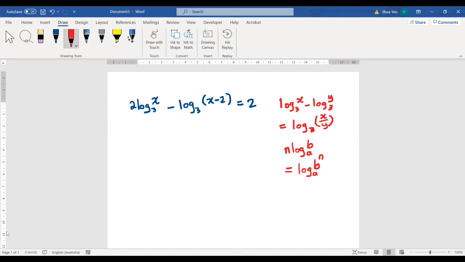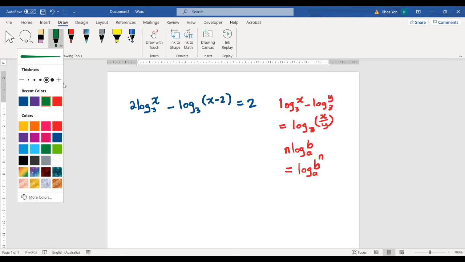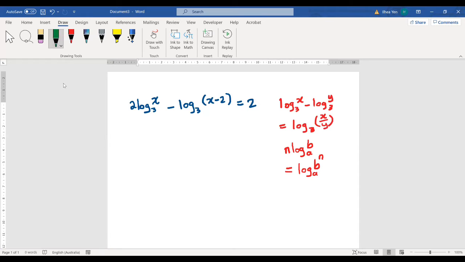So I'm going to change the color and put this into log base 3 of x to the power 2 minus log base 3 of (x minus 2) equals 2. Yes, that looks much neater actually.